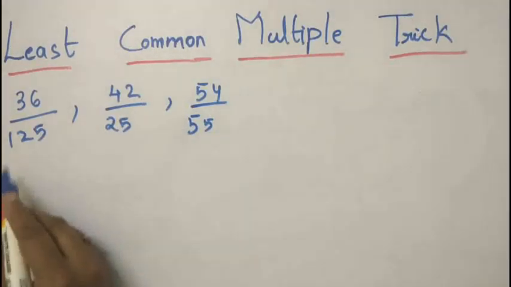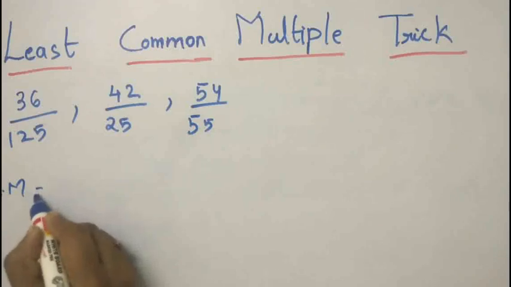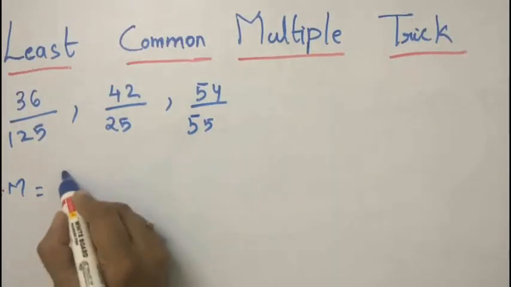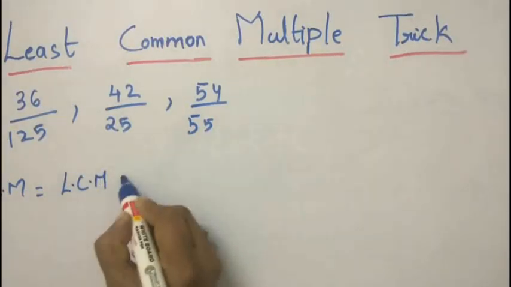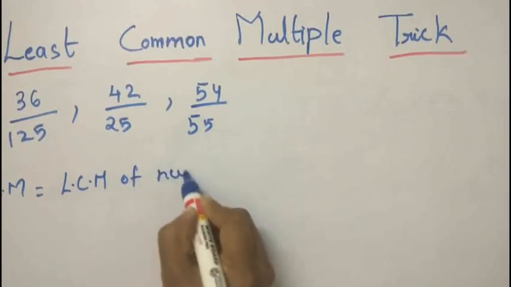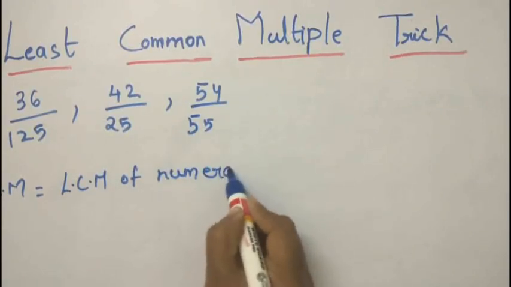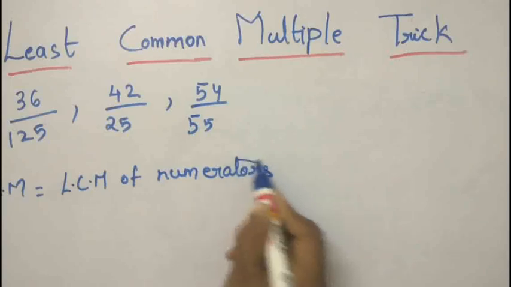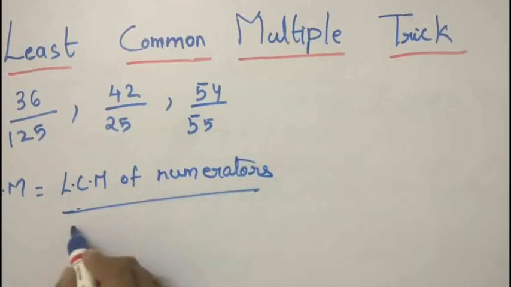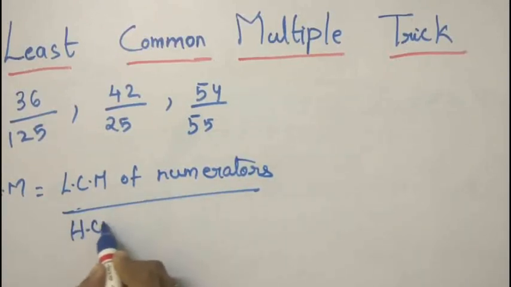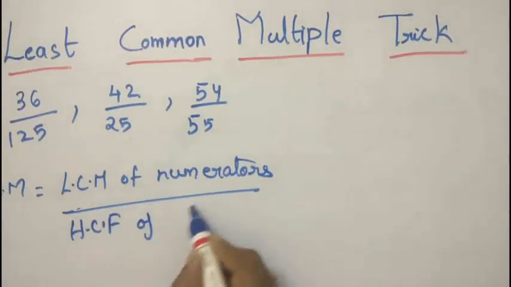To find the LCM of fractions, the formula is LCM is equal to LCM of numerators by HCF of denominators.